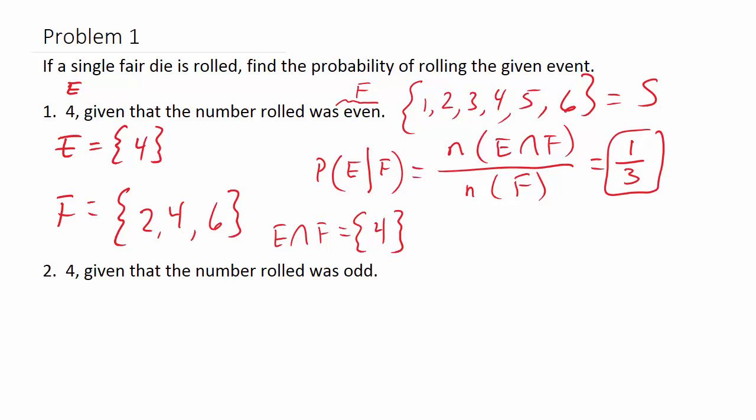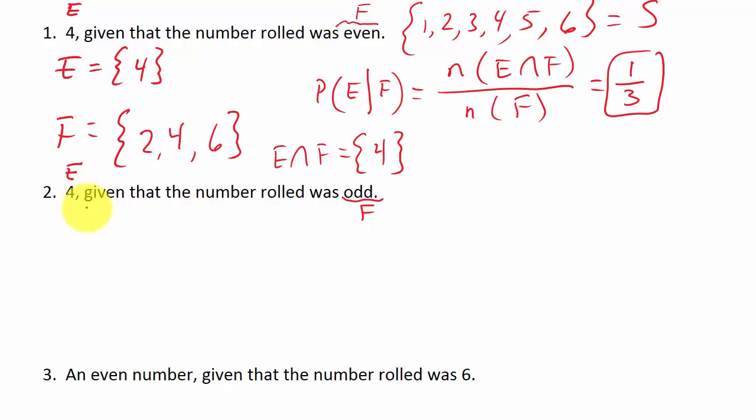Alright, let's look at the next one. The probability we roll a 4 given the number rolled was odd. Okay, so let's look at this. The event that we roll a 4 is going to be represented by E, and an odd number is going to be the set F. So the set E is going to just consist of the number 4.